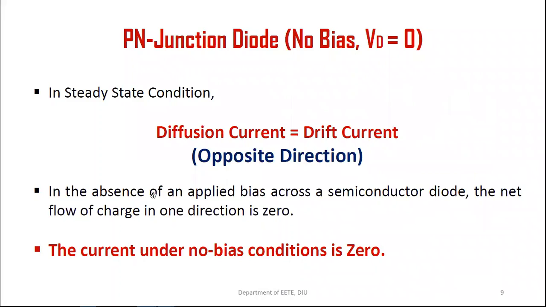In the absence of applied bias, that means there is no voltage applied to the semiconductor, the net flow of charge in one direction is zero. So under no bias condition the current is zero. I already told this line at the very first, that there will be no current in the no biased condition.